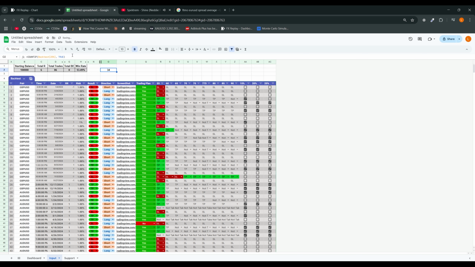And then divide it by this one right here, not total trades, but let's do it like this, count if this one.